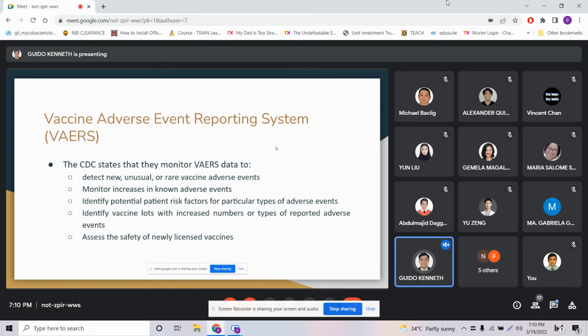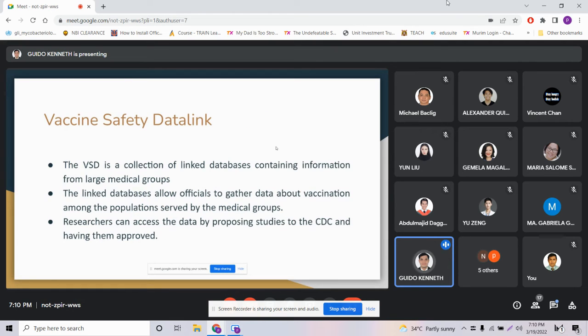Apart from monitoring adverse events, data from VAERS is used to identify potential patient risk factors, identify vaccine lots with increased numbers or types of reported adverse events, and lastly, assess the safety of newly licensed vaccines. The Vaccine Safety Data Link, on the other hand, is a collection of linked databases that contain information from large medical groups. Researchers can access the data by proposing studies to the CDC and having them approved.